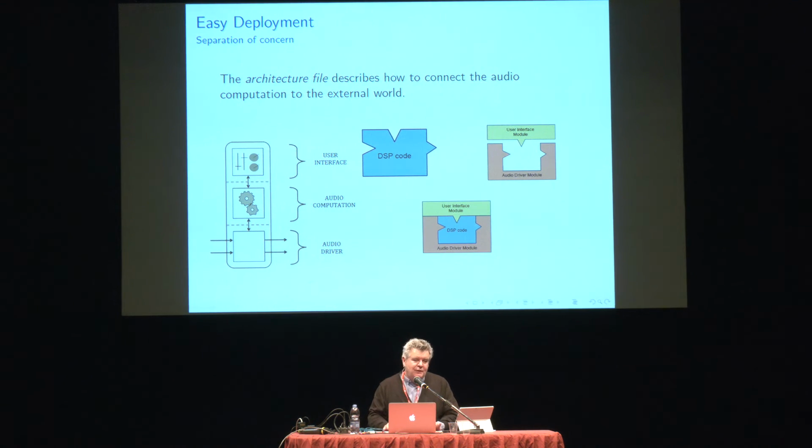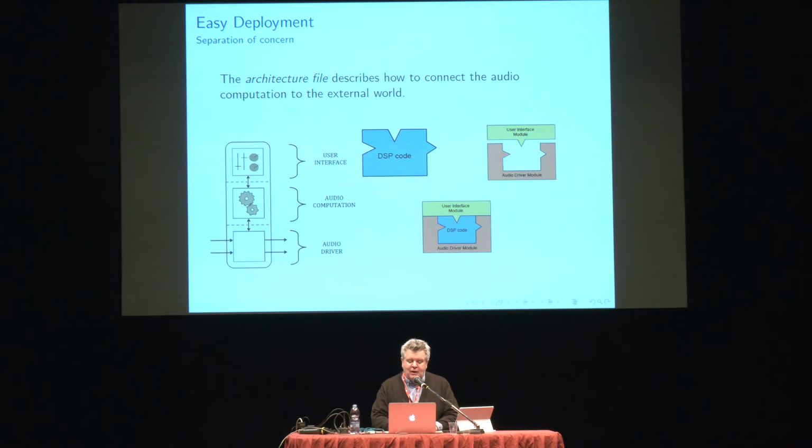In order to achieve that, in Faust you have a clear separation between two things: the computation core, so to speak, and the environment, the way you connect this computation core to the external world. And this is done by the concept of architecture file.